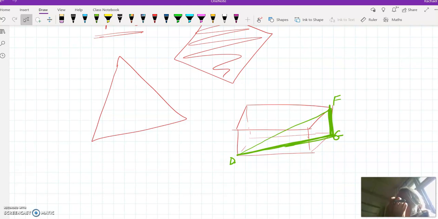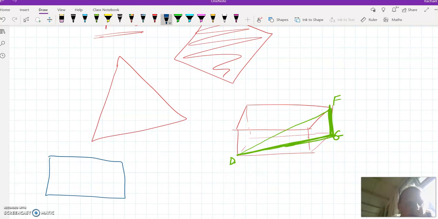And so then you'll notice that they have redrawn the floor of the tissue box. Okay, let's just call it a box. They've redrawn that, so they've drawn the floor of the box. They're not at the moment talking about the green triangle, and they're not going to be using parts of the green triangle to work out what DG is. They're going to use the floor, because we know things about the floor.